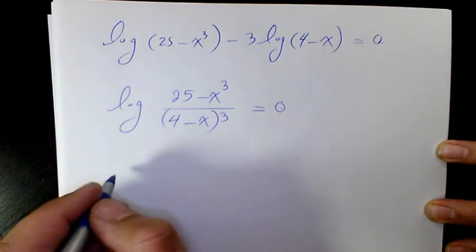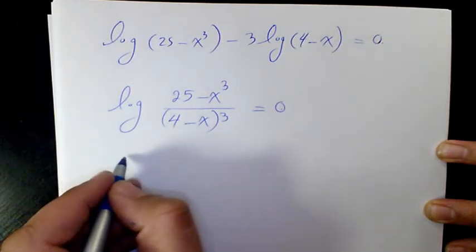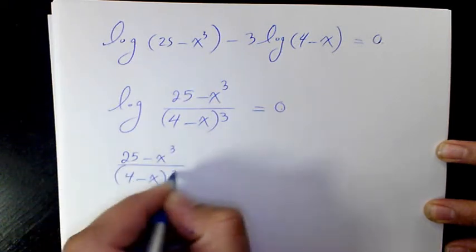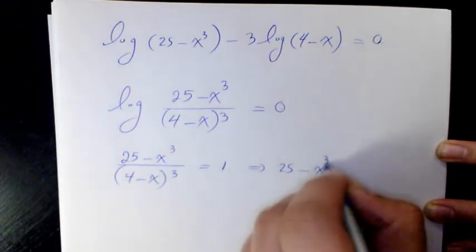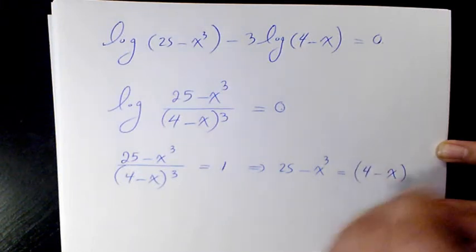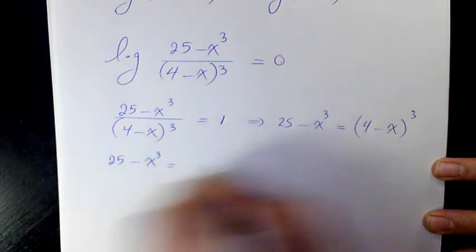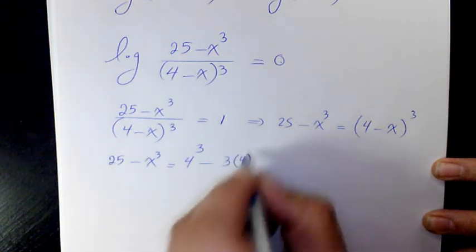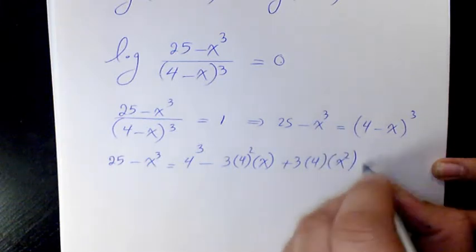So in this case, I'm going to say 25 subtract x cubed over 4 minus x to the power of 3 equals 10 to the power of 0, which is 1. So 25 subtract x cubed is going to be equal to 4 minus x to the power of 3. So we have 25 subtract x cubed, 4 cubed subtract 3 times 4 squared x plus 3 times 4 x squared. I'm expanding this one. Subtract x cubed.